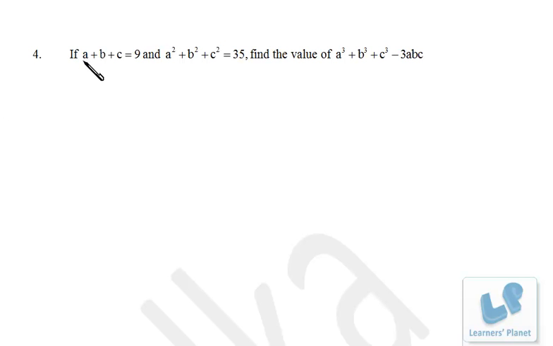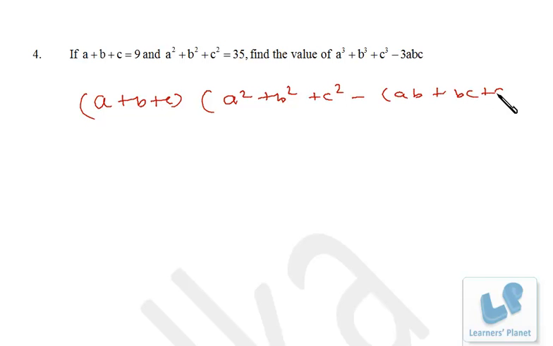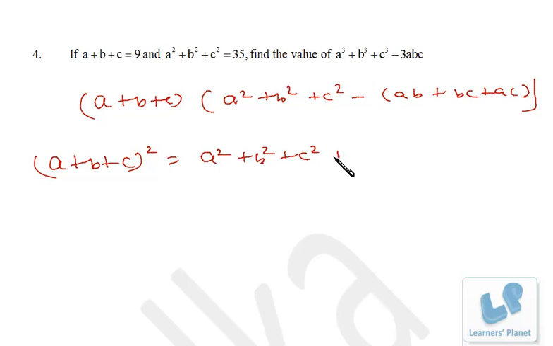Similarly over here, we have to find out the value of this. So further that will be a plus b plus c, a square plus b square plus c square minus ab plus bc plus ac. Now in this case we have this, but we don't have this. So further what we'll do, we'll find a plus b plus c whole square, that is a square plus b square plus c square plus 2 times ab plus bc plus ac, right?